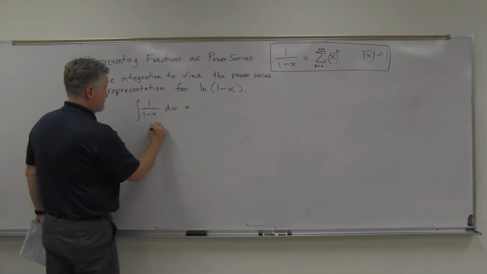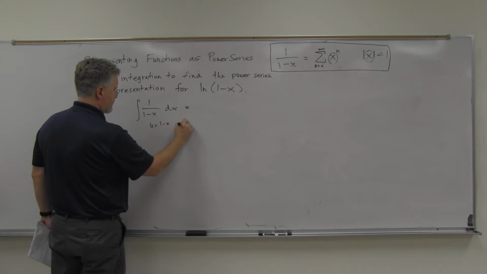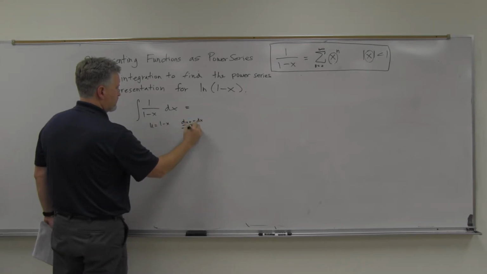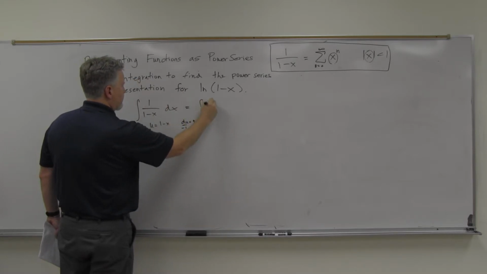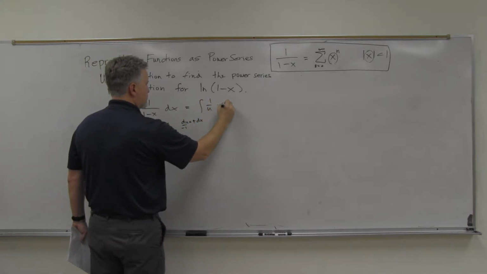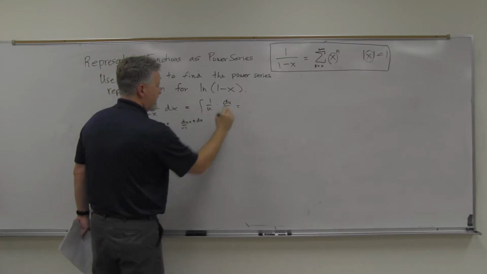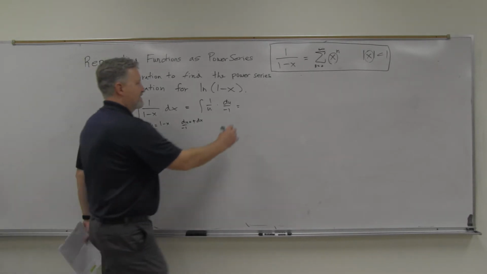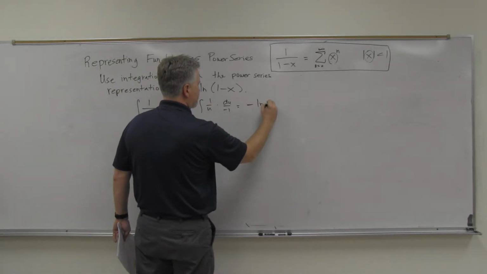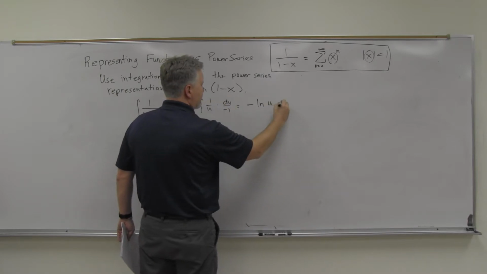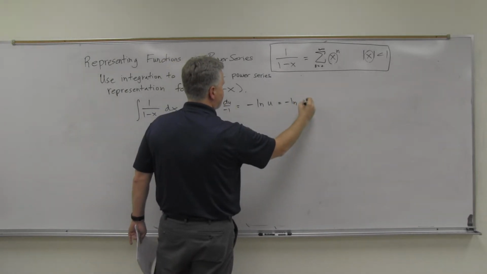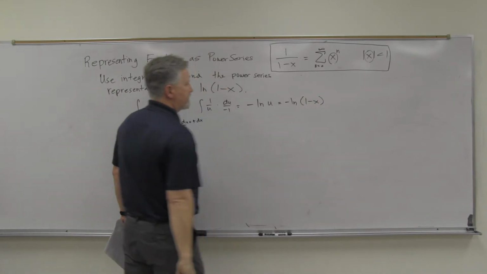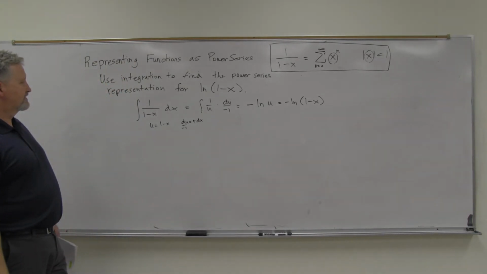A little u substitution. du is negative dx, so it'd be 1 over u du over negative 1. What's 1 over u du? ln, yeah. So you got the minus ln of u. So you got minus the ln of 1 minus x. So that's close to what?